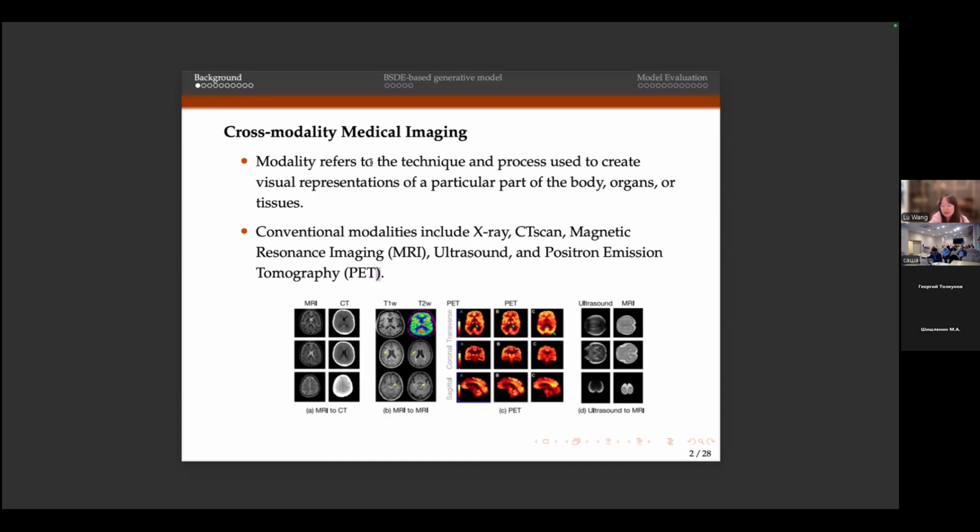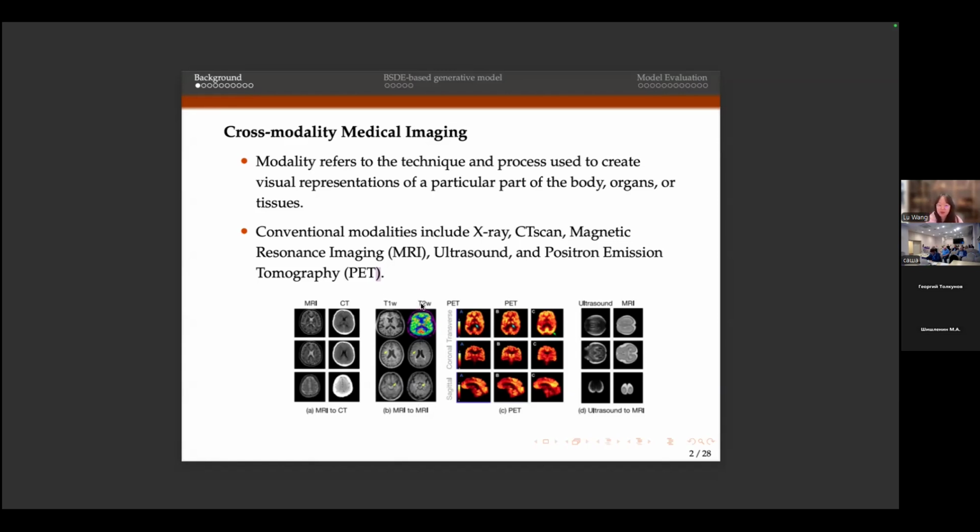So here is an example of cross-modality medical imaging. You can see that figure A shows MRI to CT, and figure B refers to MRI to MRI, because there are different modalities, like T1W and T2W.